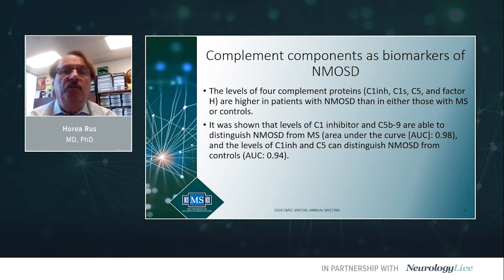As you see in parentheses, the area under the curve is 0.94, suggesting a high significance for this complement protein in its ability to distinguish between NMOSD and MS or controls.